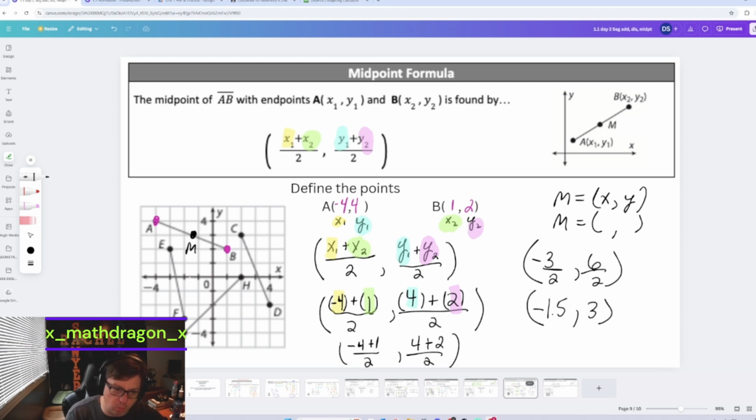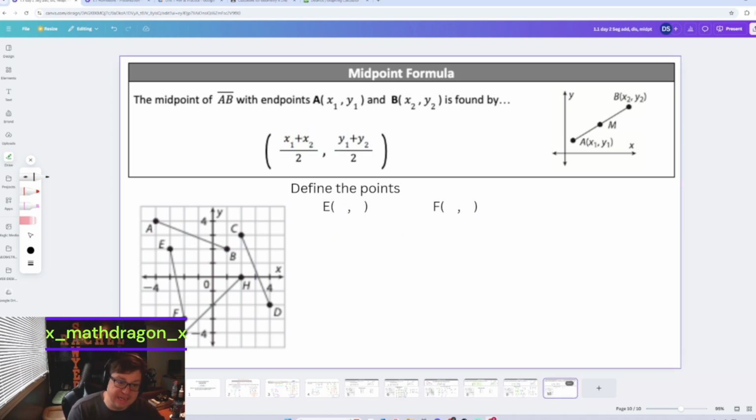So we're going to go back 1.5, and you can see right in between -1 and -2 is roughly where I put that guess. And it does fall on the line. Okay? And this is our midpoint of the line segment AB.